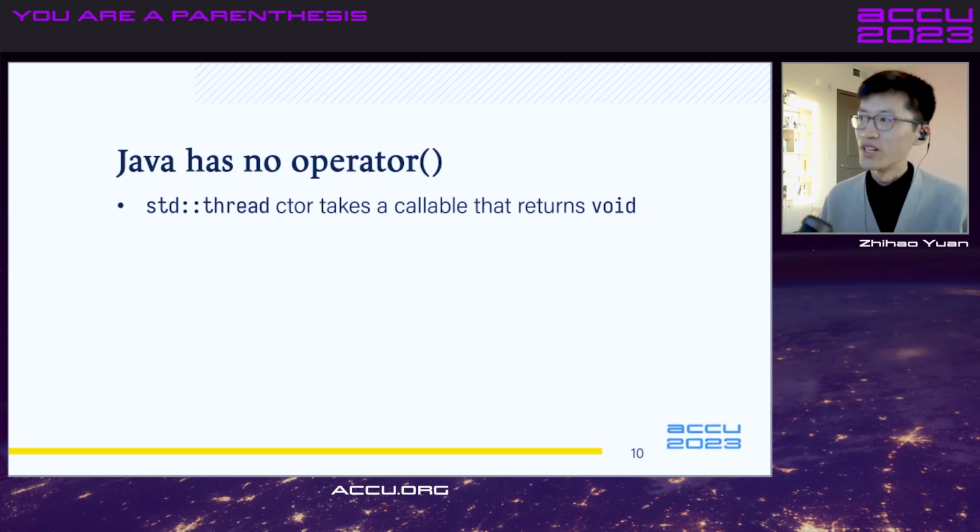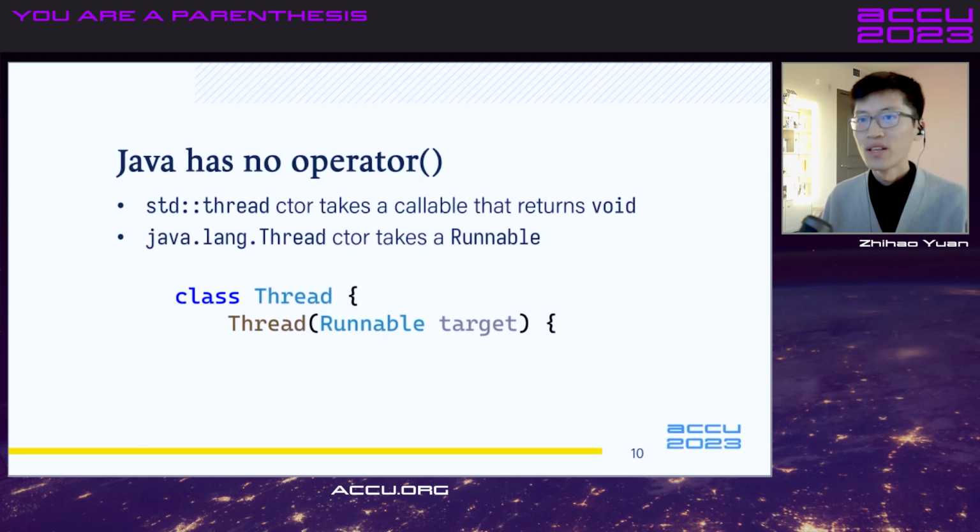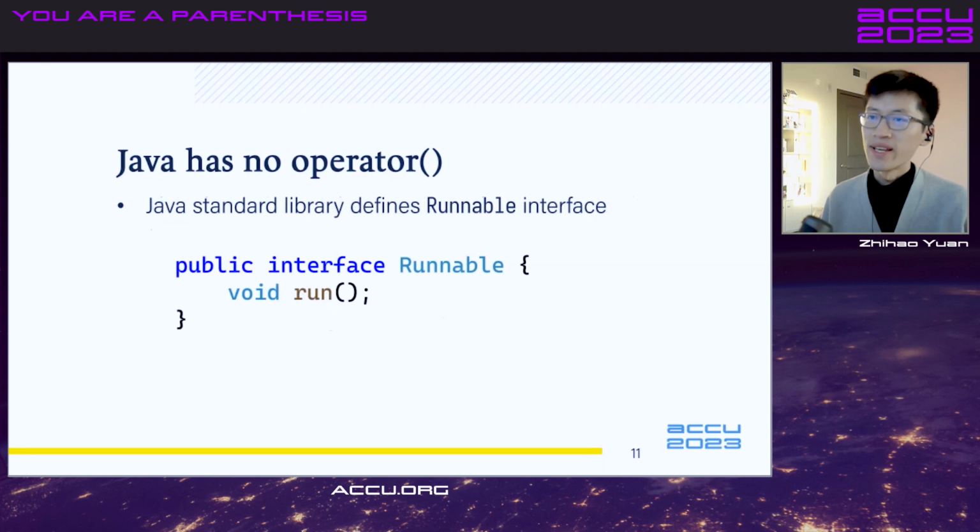Here is what Java has done since the very beginning. Java's thread in the standard library, when initializing it, its constructor takes a runnable object. Runnable is an interface that the standard library defines.